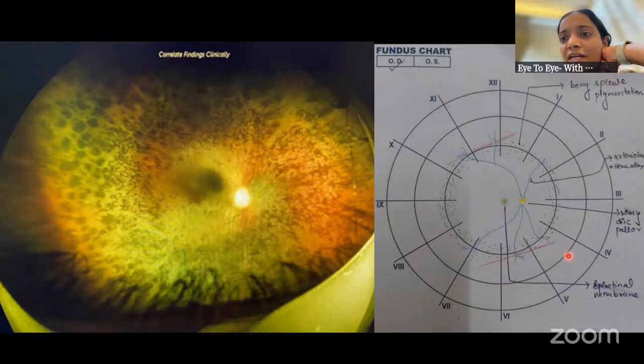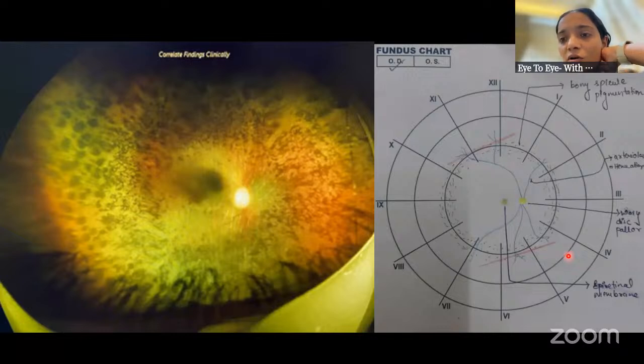So we usually describe the disc: the color, size, shape, margins. Since this is a case of complete waxy disc pallor, we don't talk about the cup. We say the cup is not discernible because of the waxy optic disc pallor. Then we go to the vessels, because vessels come out of the disc.